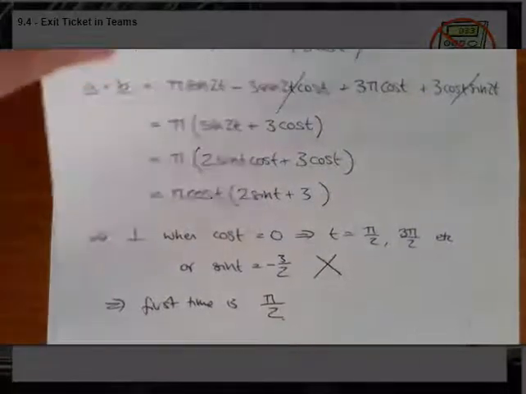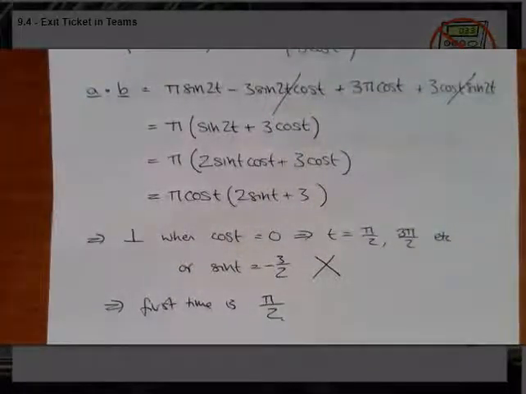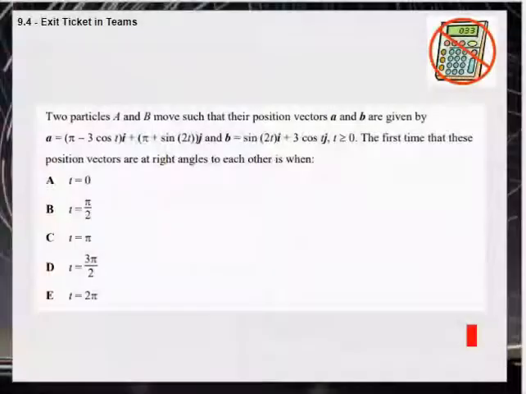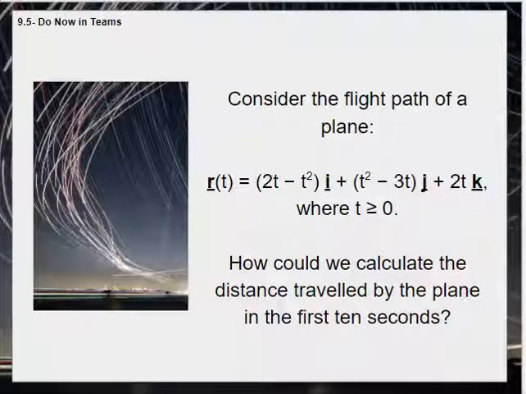Okay, good stuff. Next thing I want you to think about, and this is the main thing we're doing today, is the idea of distance travelled, which for any trajectory is going to be a really interesting and useful thing to do.